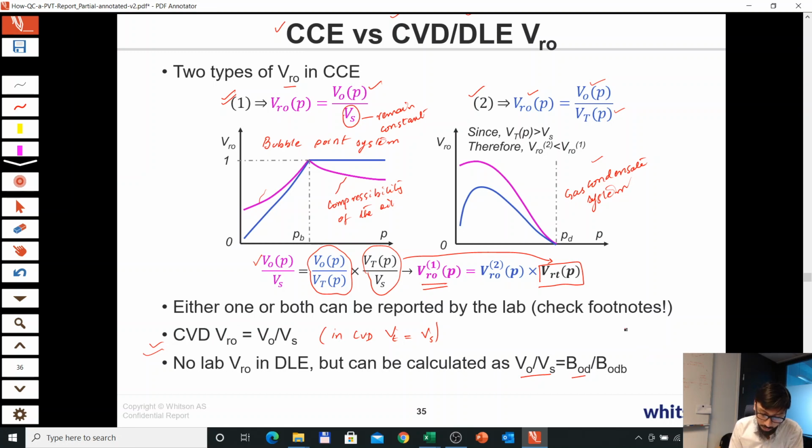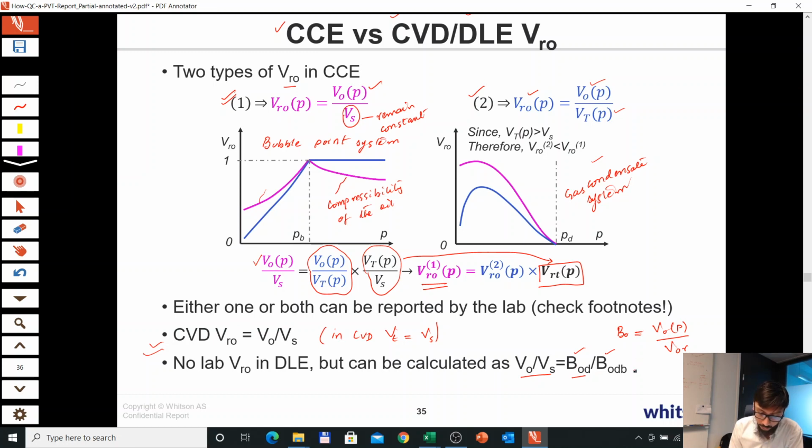Because Bod is equal to Vo at any given pressure divided by the residual oil volume. The residual oil volume is the same for this one and this one here, so that will be cancelled out.